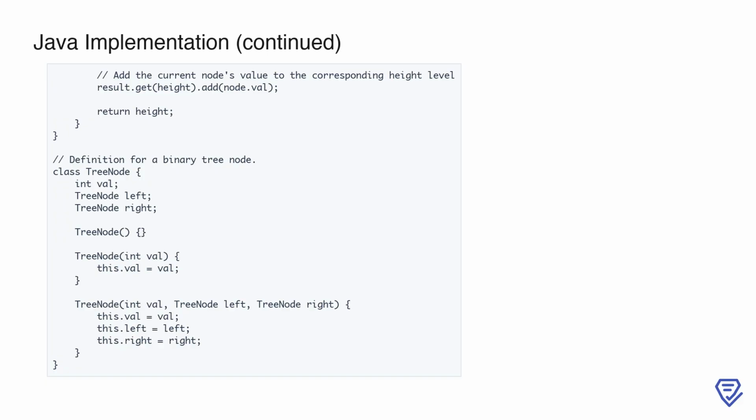The tree node class is defined at the bottom of the slide, representing the structure of each node in the binary tree. It includes fields for the node's value and pointers to its left and right children. This implementation effectively groups the nodes by their heights, with the leaves being at height 0, their parents at height 1, and so on, enabling us to collect the leaves layer by layer.